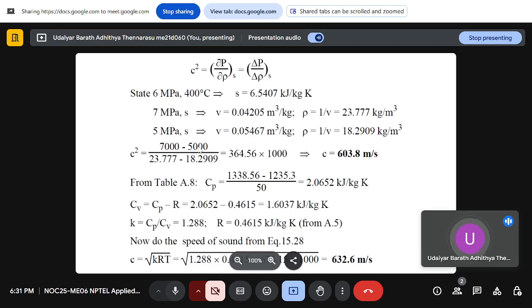So writing it all in terms of Pascal, 364.56 into 1000. So we get C as 603.8 meters per second.